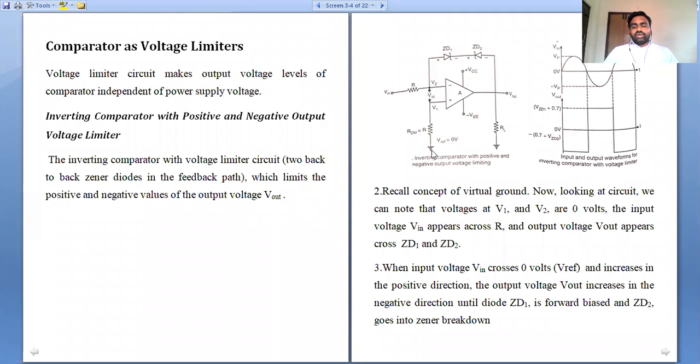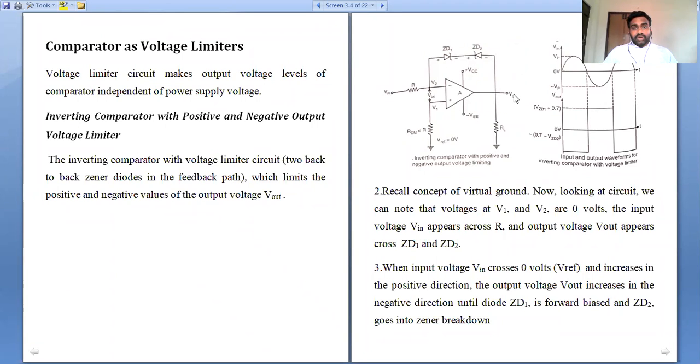As per the concept of virtual ground, V1 is equal to V2 is equal to 0. At that condition, the input voltage will flow through the input resistance, next it will cross the Zener diodes, and next it will flow towards the output voltage.